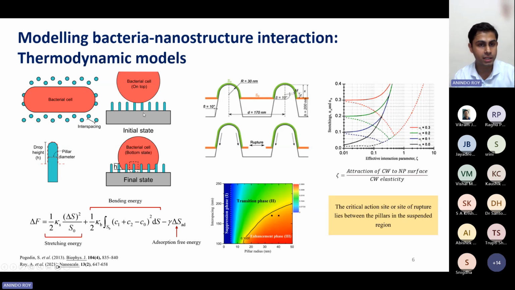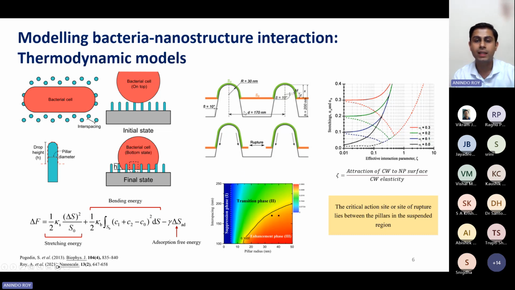And we can assume that the bacterial cell wall, which is actually very complex with multiple layers, is for this purpose a thin single layer, because usually it is of the order of 10 to 20 nanometers, whereas our pillars as well as the bacterial cell itself are at least one order of magnitude higher in dimensions.